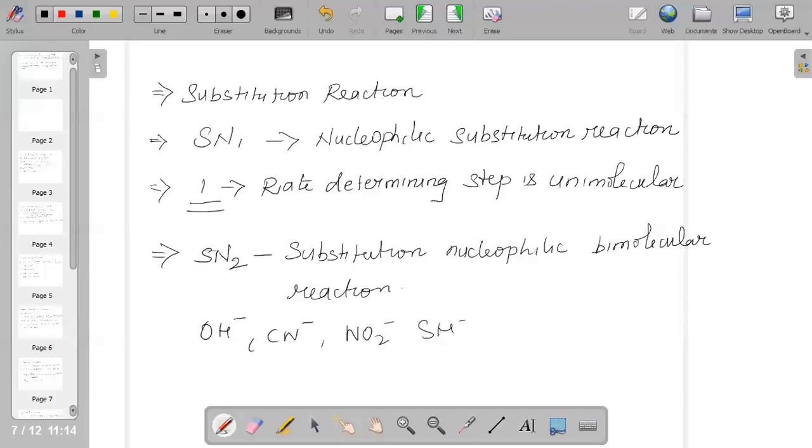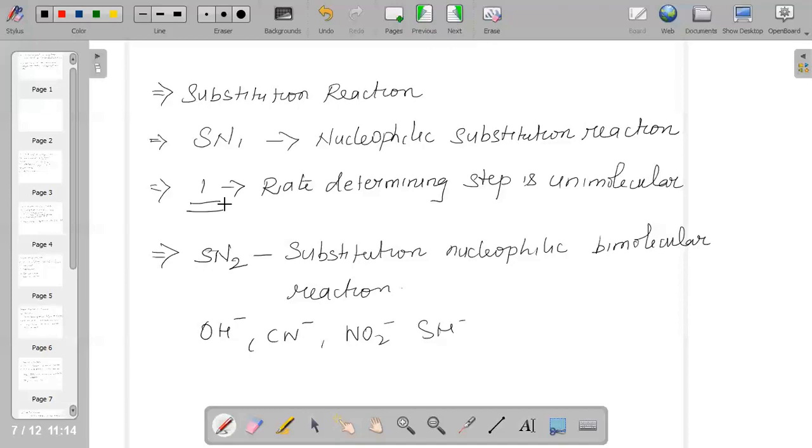That is why we say the rate determining step is unimolecular, because the rate of the reaction depends only on the haloalkane, not on the nucleophile. The nucleophile will attack the carbocation formed in the first step, and that will help in the formation of the new compound.